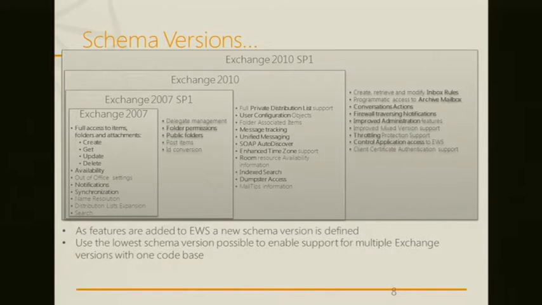For example, synchronization, notifications, delegate management, right? So all the core features you can work with in 2007 SP1, and then you can maintain and keep your code base simple. And if you want to take advantage of any new features, then fork your code to just do that and access the new features. That's the way you can simplify your coding.